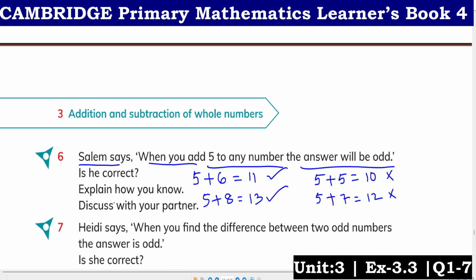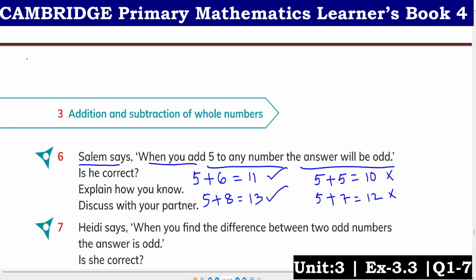So we can write: if the starting number is even, adding 5 makes it odd, but if starting with odd, adding 5 makes it even. Therefore Selim is incorrect.